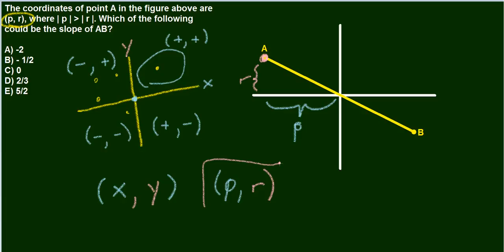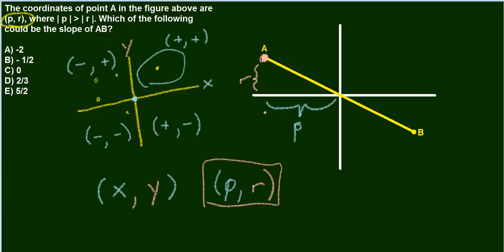That's why our coordinates are this, and that's how we know where A is, because it told us right there and we have our picture. Now it's also saying P is greater than R, so we're saying that basically the length of P, the absolute value of it, is going to be greater than the length of R. And we can see that, right? You can see that this is much longer than the amount that it went up. It didn't go up very much, but it went out pretty far.